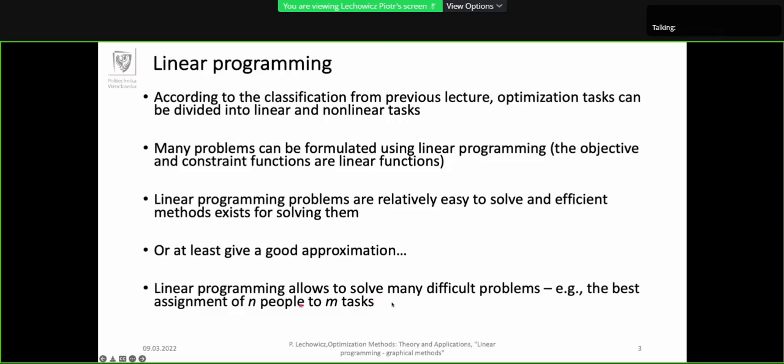For example, assignment of n people to n tasks. So we can deal with such huge problems where we have a huge number of possibilities due to the number of variables and permutations of these variables. If we can formulate such a problem as a linear problem, it's often easy to find a solution for it.